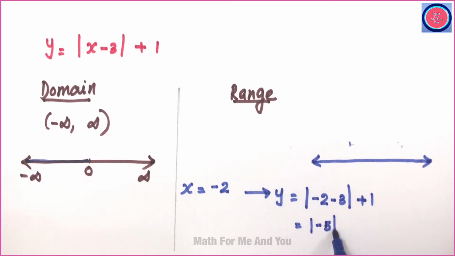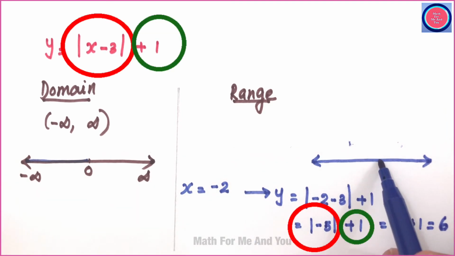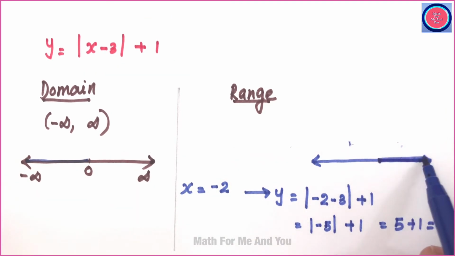Modulus of minus 5 plus 1, what is this? It is 5 plus 1, which is 6. So the answer inside the modulus plus 1 is always one more. Again we get a positive, which means we have to color the positive side of y. Whatever negative value we select for x, we get a positive answer.